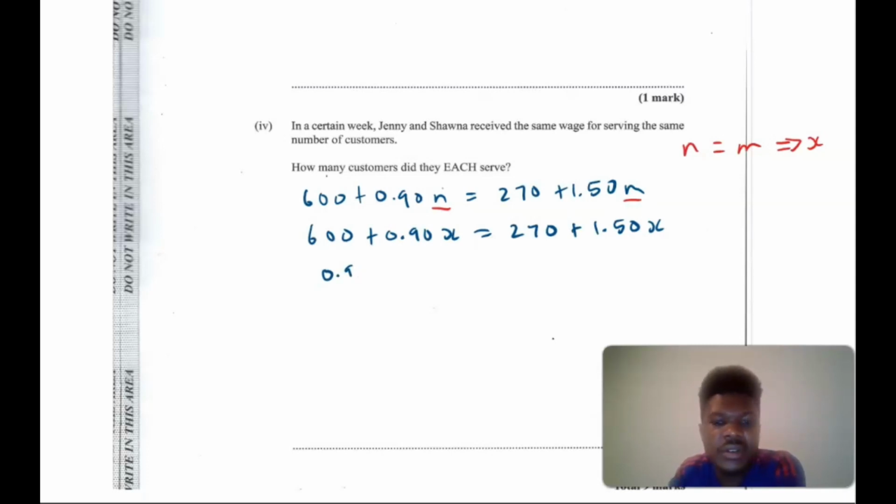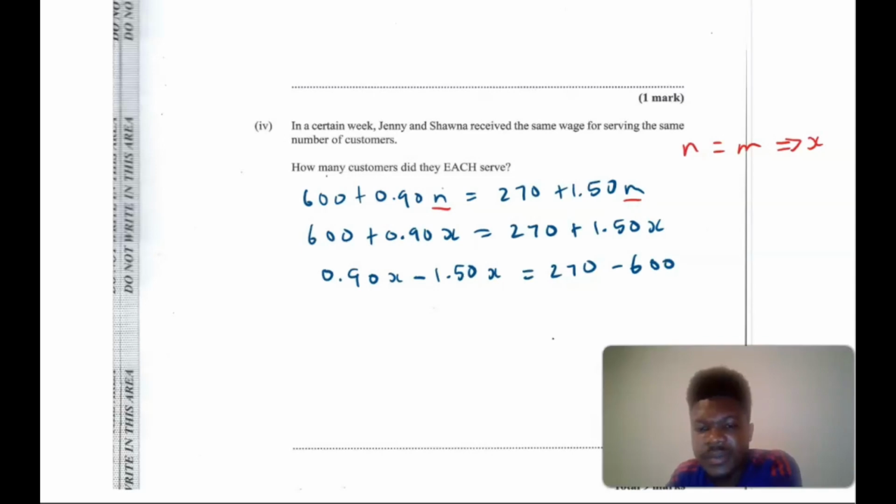So 0.90x, and if we bring over the 1.50x from the right to our left, we change the sign, because by moving it we're subtracting. The same for the 600, subtracted from the left, it goes negative 600 on the right. This gives us negative 0.60x equals negative 330. Divide both sides by negative 0.60.